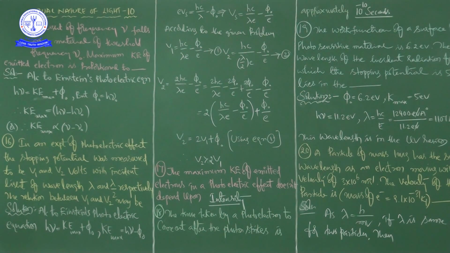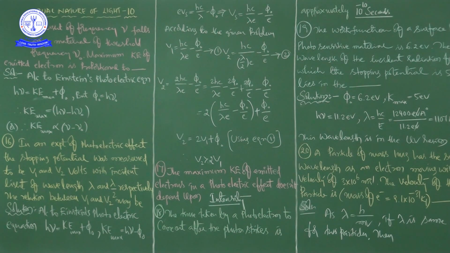In place of phi naught we write h nu naught. Then with Ke maximum as the subject, Ke maximum is equal to h nu minus h nu naught.